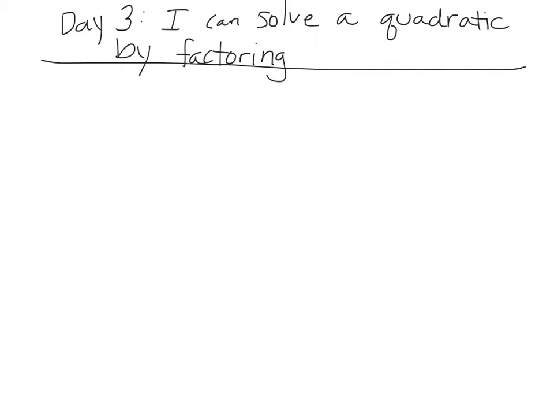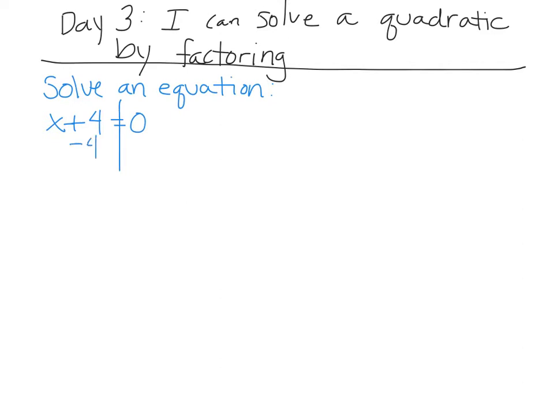Let's remind ourselves of just how we solve an equation. All right, so looking at the equation like x plus 4 equals 0. Hopefully you see pretty easily we're going to draw the line down the equal sign, minus 4, and x is negative 4.